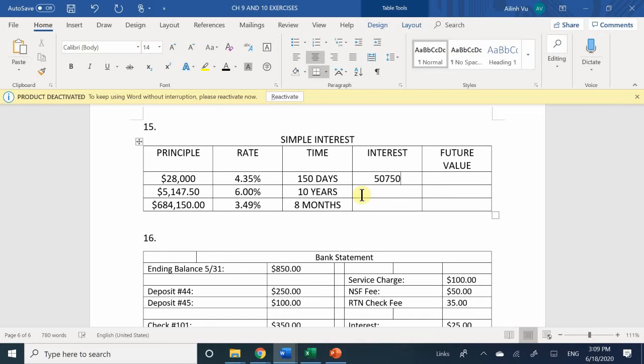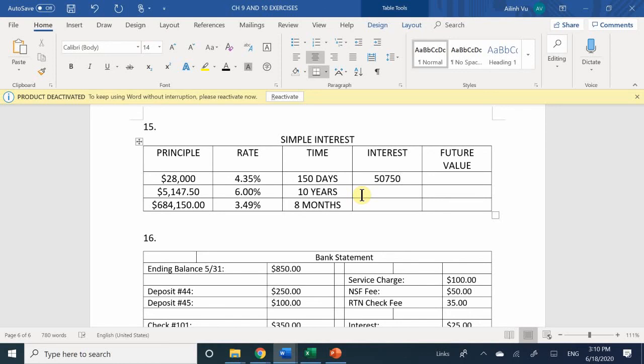Hold on, let me double check those numbers. That's what my calculator says, 507.5. I got 507 something. Try that again.